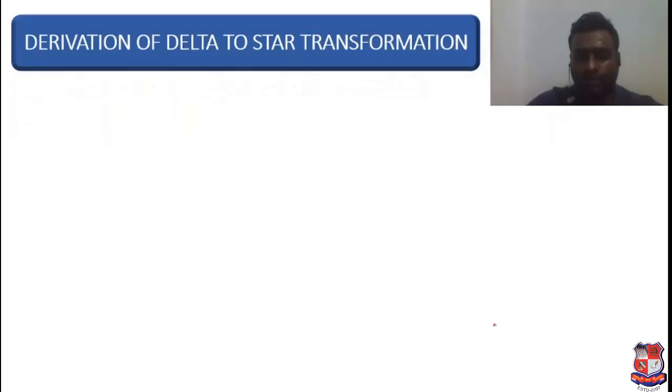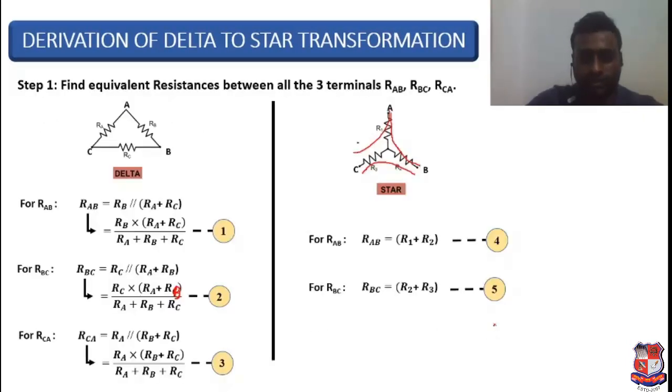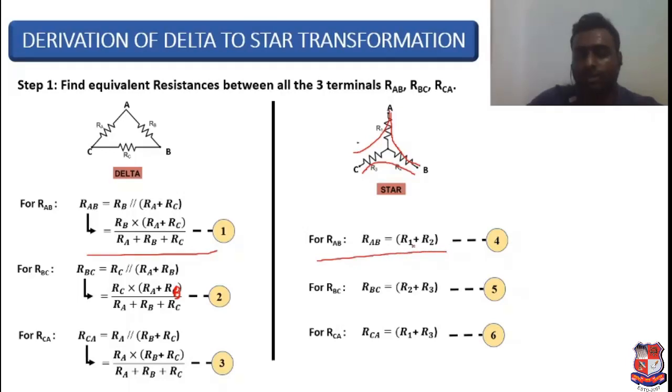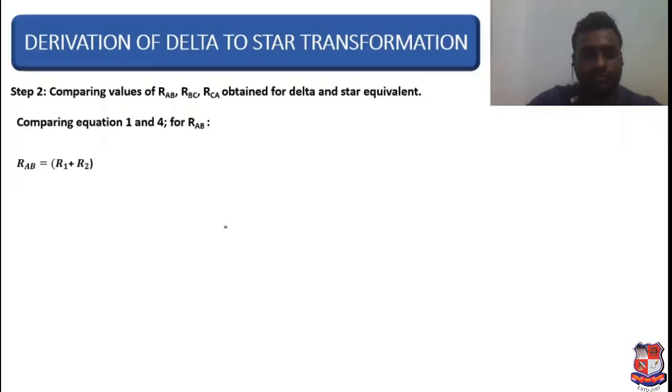So we had found in the previous case that over here this is the equivalent circuit for RAB, and over here this is the equivalent circuit for RAB. So we have to compare these values. RAB equals R1 plus R2, and that is also equal to this value.